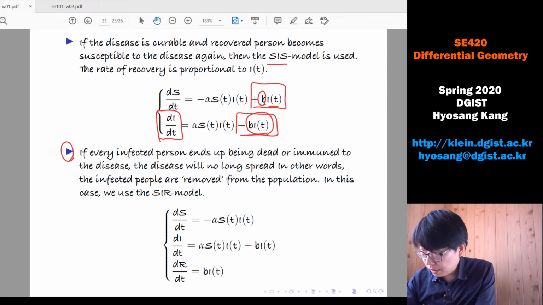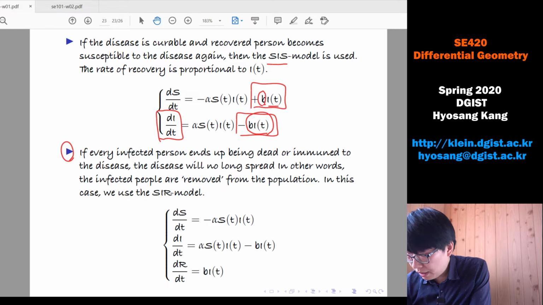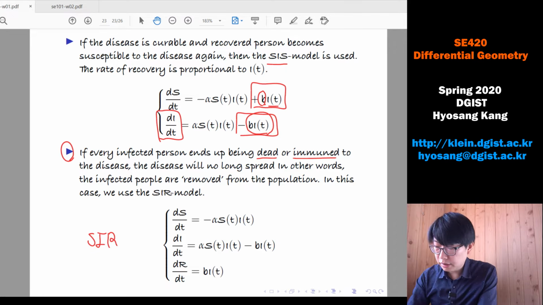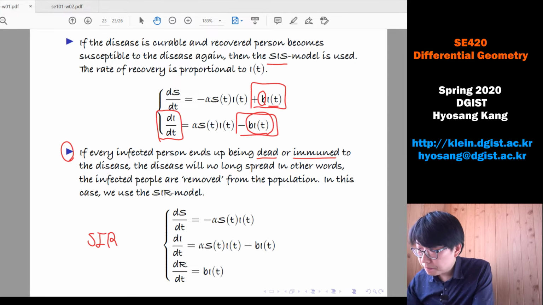The third one is that if every infected person ends up being dead or immune to the disease, then we have the SIR model. This is called the SIR model, and this is the most standard model for modeling an epidemic.